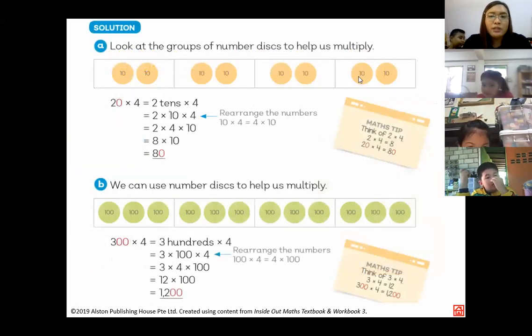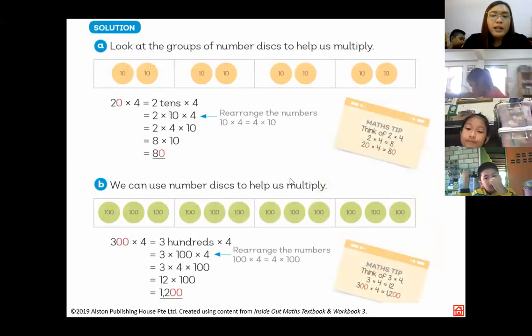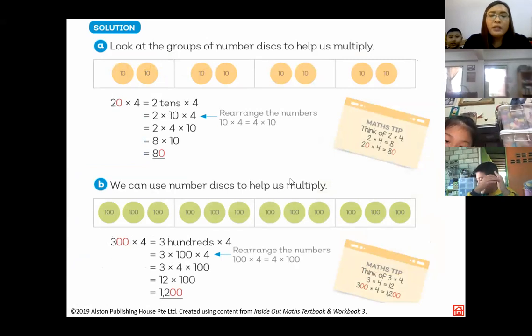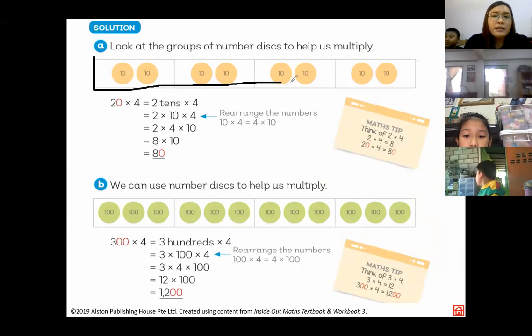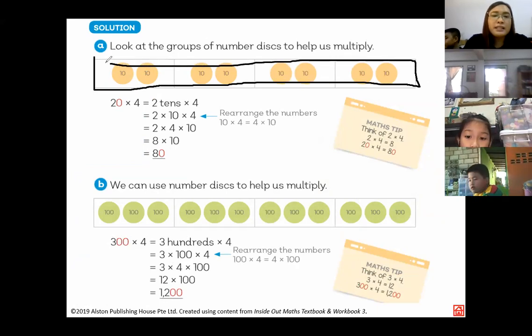So here's the solution for letter A. We have multiply 20 by 4. Look at this group of number discs to help us multiply. This one is called a number disc.